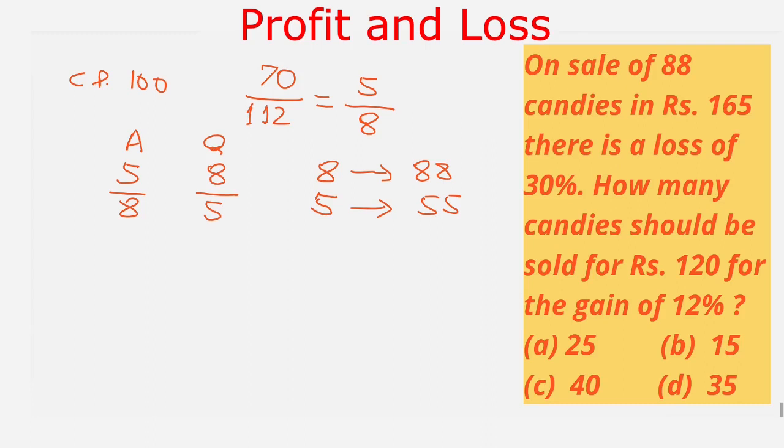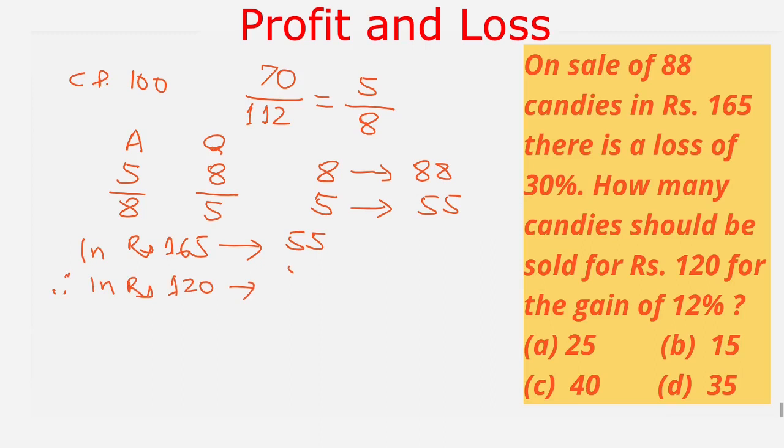Now it's easy. We can easily calculate the quantity for rupees 120. In rupees 165 we have to sell 55 candies for profit of 12%. Therefore in rupees 120 we have to find the quantity.